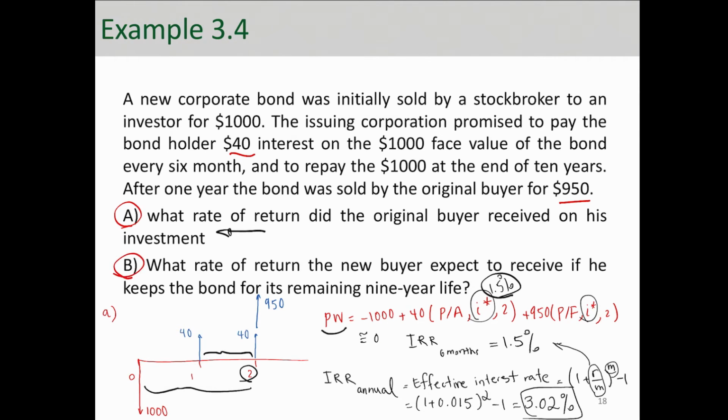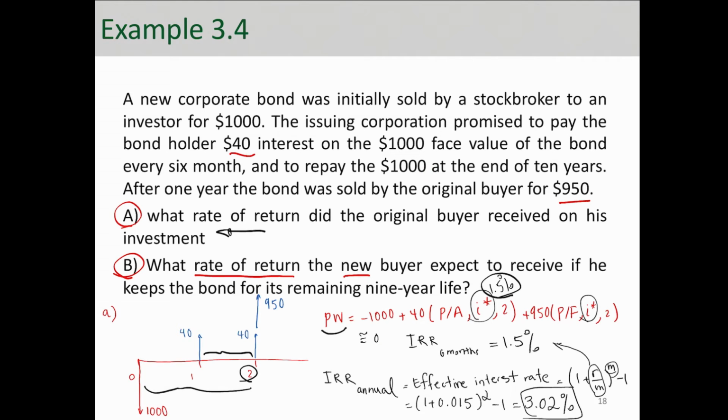For part B, we want to calculate the same thing, rate of return, but for the new buyer. So let's look at the investment from the perspective of this new buyer. This new buyer bought the bond for $950, kept it for 9 years, which means 18 periods, and every period he received $40, and at the end of the 18th period, he will give it back to the bond corporation for $1,000.